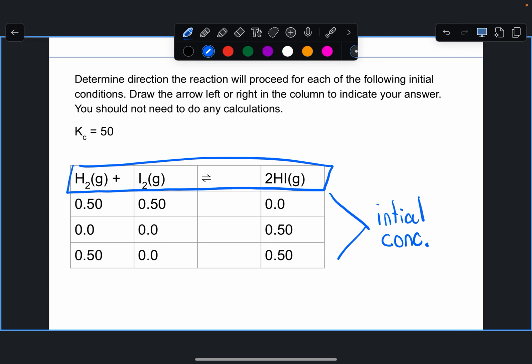Okay? The first one is similar to the other two problems. We stick reactants in, there's no products there. So, of course, no matter what the K is, we need to make some products. So we're going to say the reaction proceeds from right to left, just like we're used to, the reactants making products.